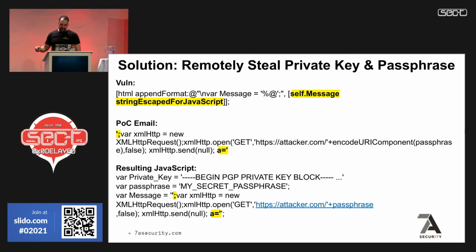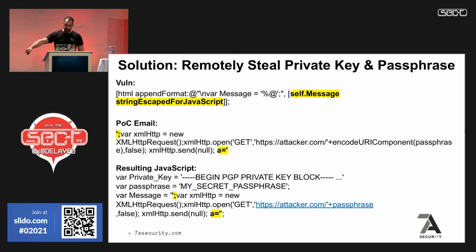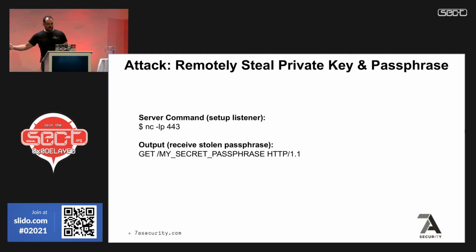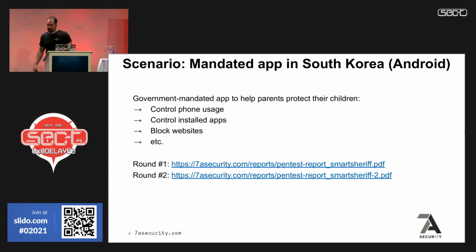Because the application is doing, in the JavaScript, first the private key, the passphrase, and then the message, by the point the XSS fires, the private key and the passphrase are already set in JavaScript variables. So when the XSS fires, we can just send the private key and the passphrase to an attacker-controlled website by email. So this was also a very cool vulnerability. The attacker can just receive this, right? So yeah, if you don't have private keys, they can't be stolen. That's also interesting to bear in mind.